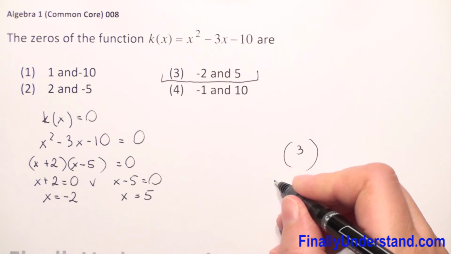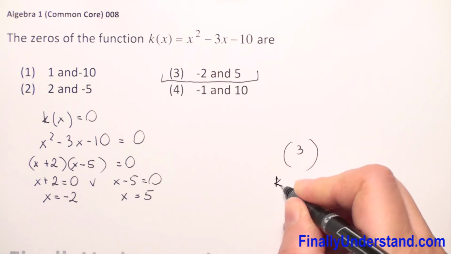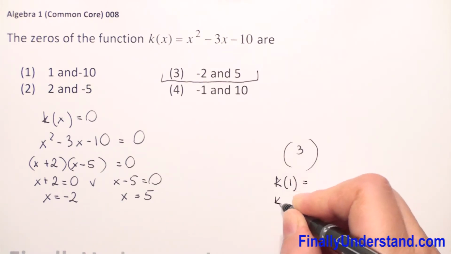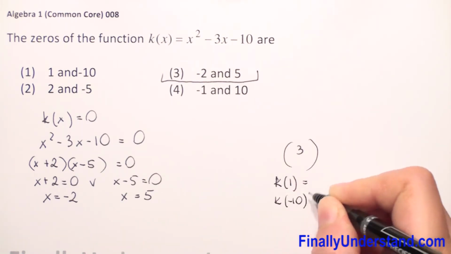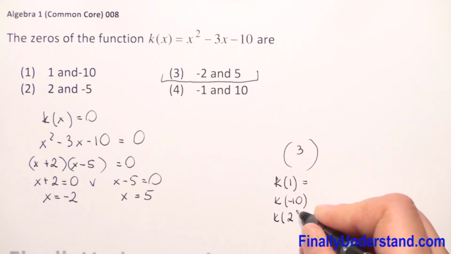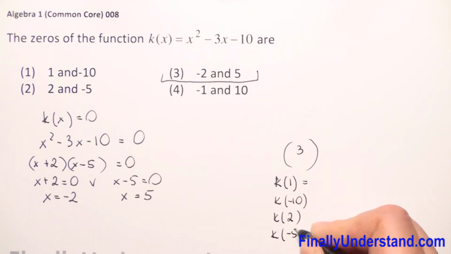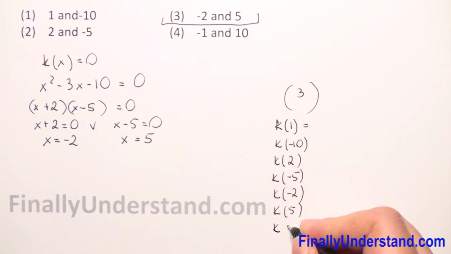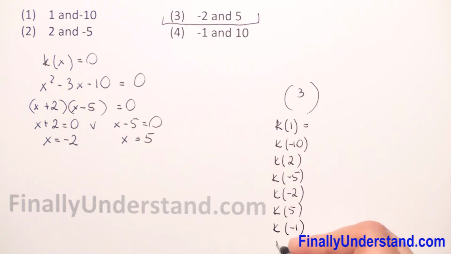So you have to check if k of 1 is equal to 0, k of negative 10, k of 2, k of negative 5, k of negative 2, k of 5, and we have k of negative 1 and k of 10.